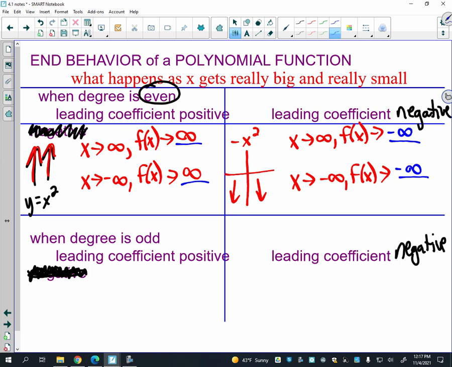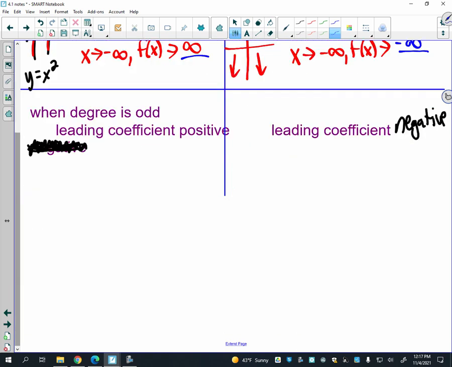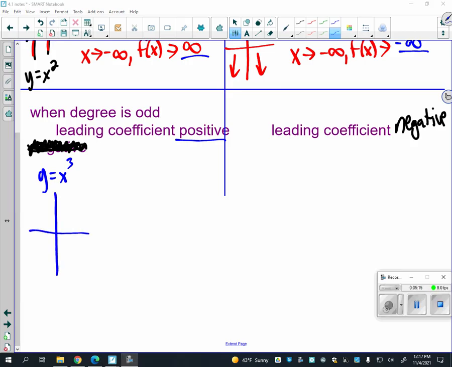Now, if it's an odd degree function, the arrows are always going to go in different directions. So if it's an odd degree function and the leading coefficient is positive, that's like y equals x cubed. And if you graph y equals x cubed, the positive side goes up and the negative side goes down.